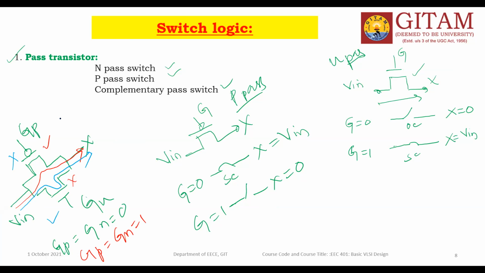So this is the third one, complementary. You can show the symbol like this. This is the symbol of the complementary pass switch. The other name of the complementary pass switch is the transmission gate.